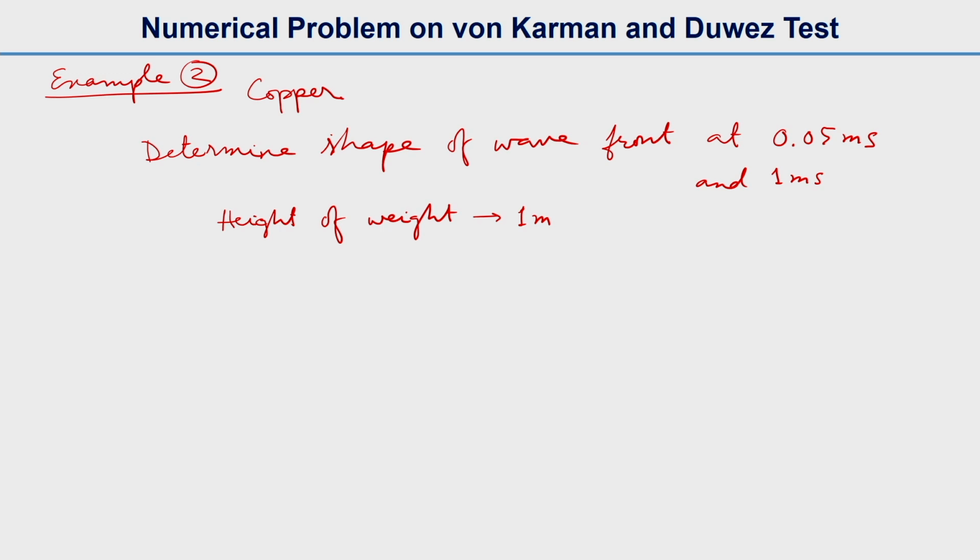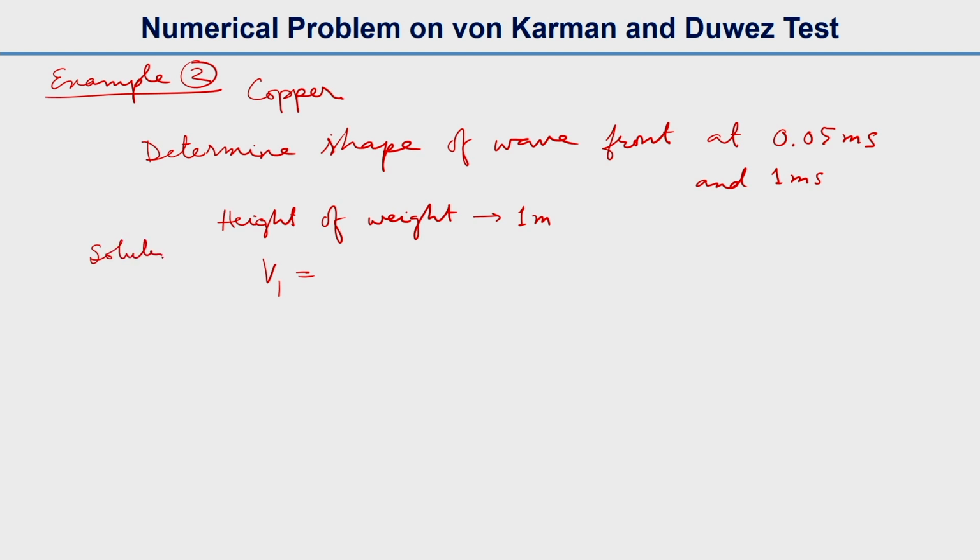That means the weight will fall 1 meter and then hit the lowermost end of the wire. So we first need to calculate the impact velocity, which we can easily find from the height of the weight where we kept it first. That is nothing but V1.